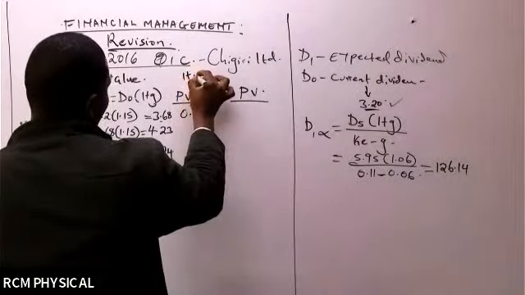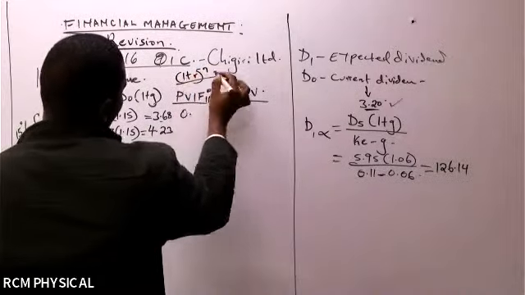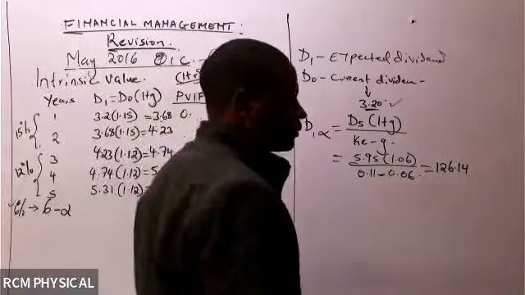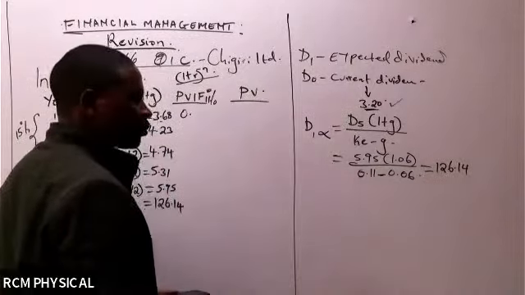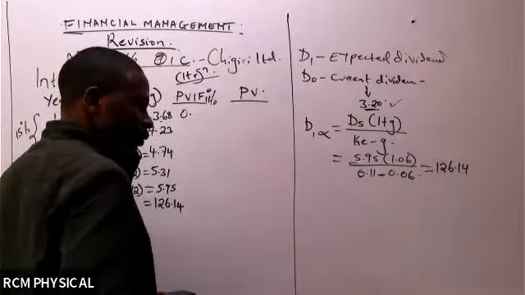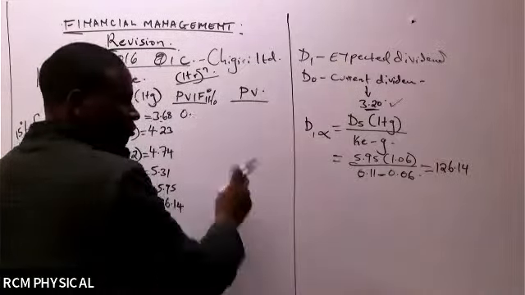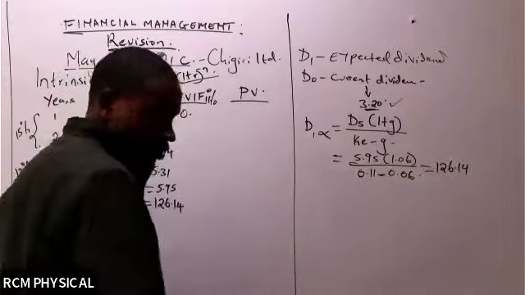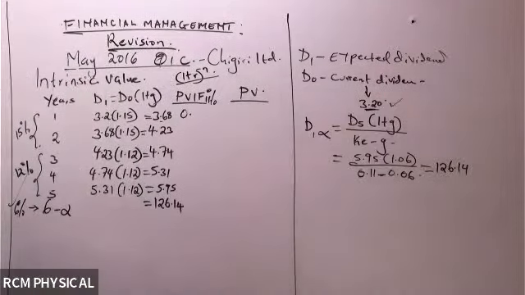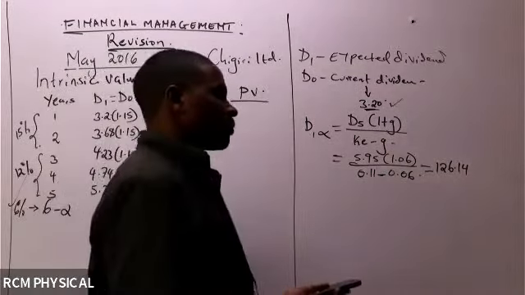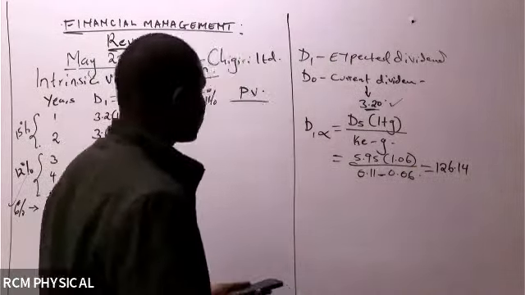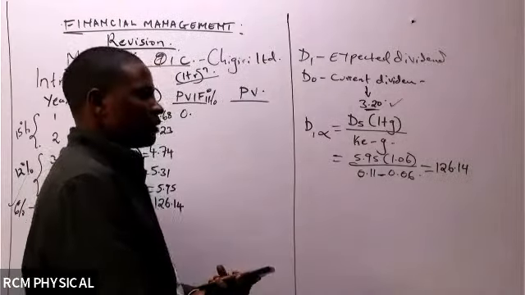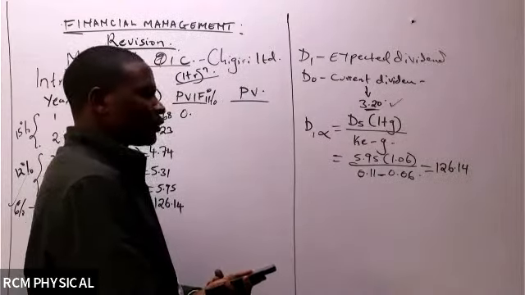This is just 1 plus R raised to negative N. Give me the first one, to 4 decimal places.